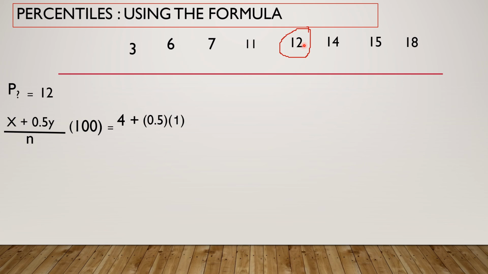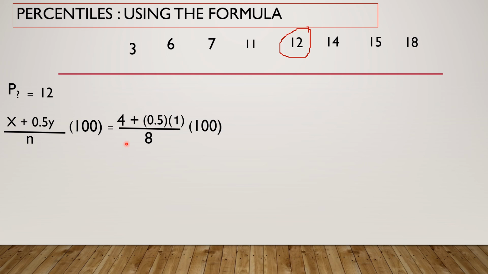If there are 2 12s here, it means times 2. Divided by n, which is the number of data, and that is equal to 8. So 1, 2, 3, 4, 5, 6, 7, 8. Then times 100.